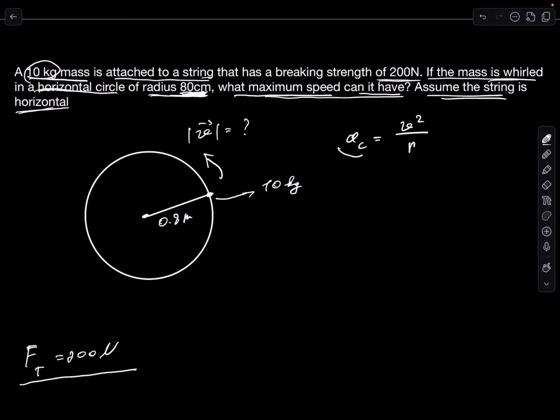So if we know the acceleration, we'll be able to figure out the velocity, which also is going to be the speed in this specific scenario. Since we know the variable r, which is the radius, it's 0.8 meters, we'll be able to figure out v if we know a.